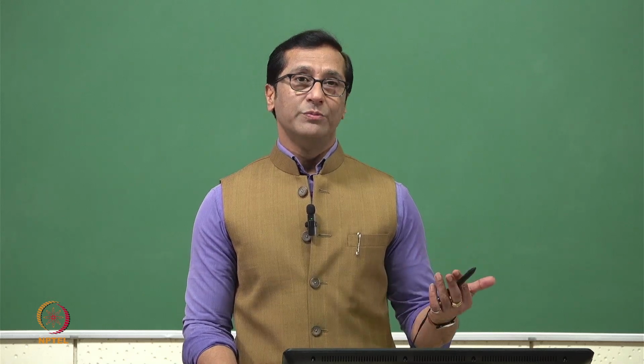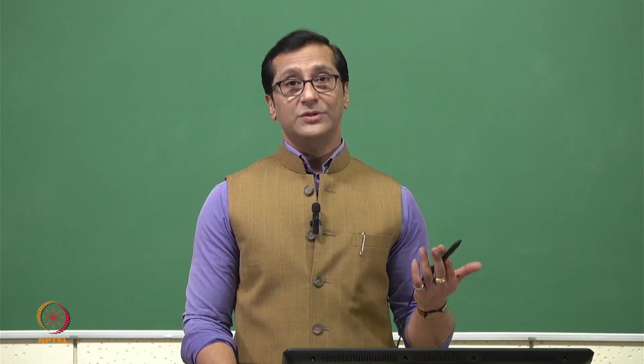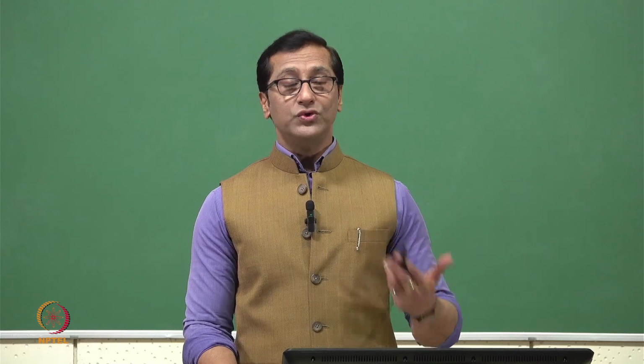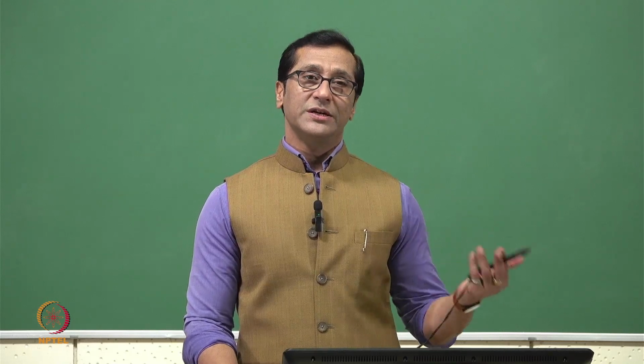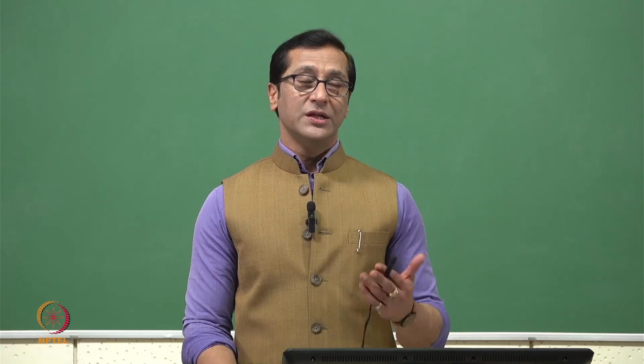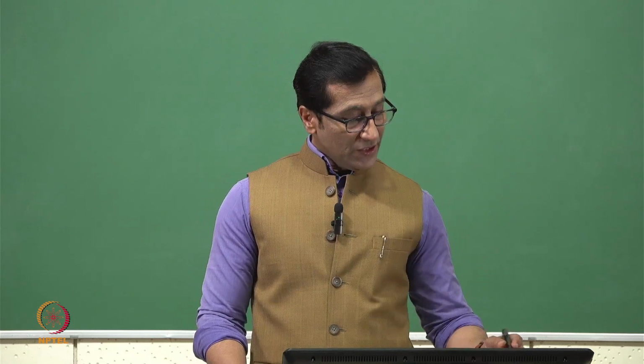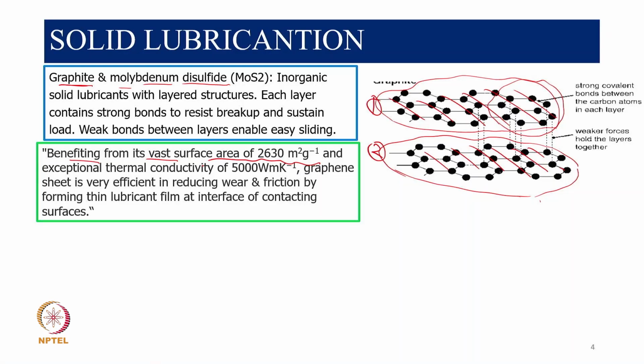If I go with 0.5%, it may give bad results. So this is an interesting thing. If I use more graphene, more layers, it many times gives a higher coefficient of friction compared to the lesser quantity. So this is the vast surface area, and one more thing is exceptionally high thermal conductivity.